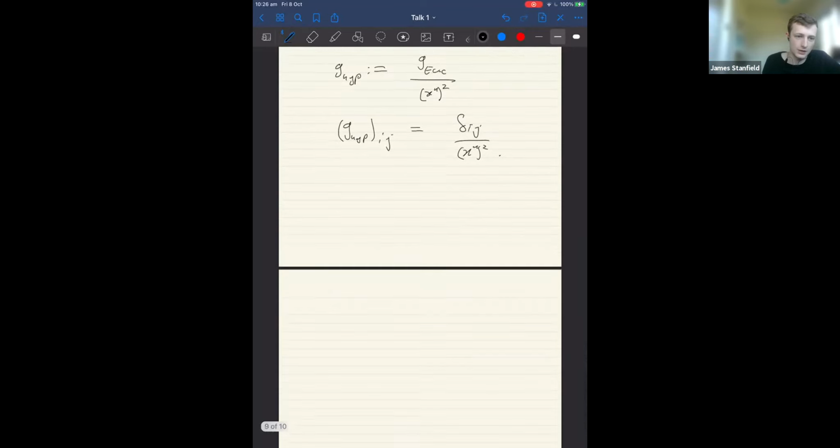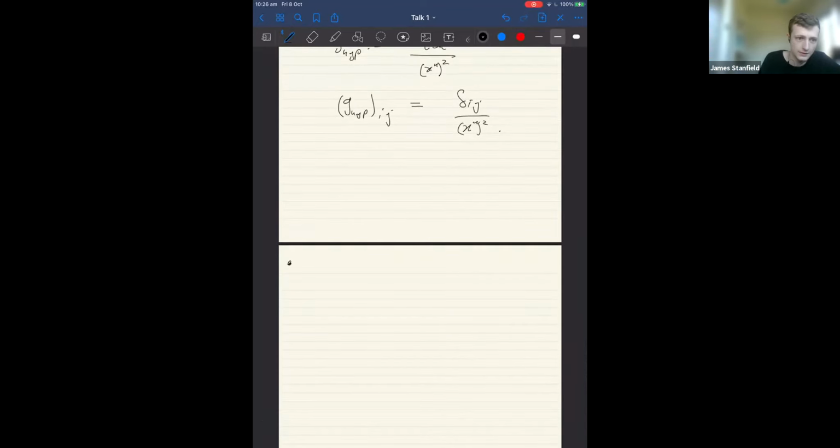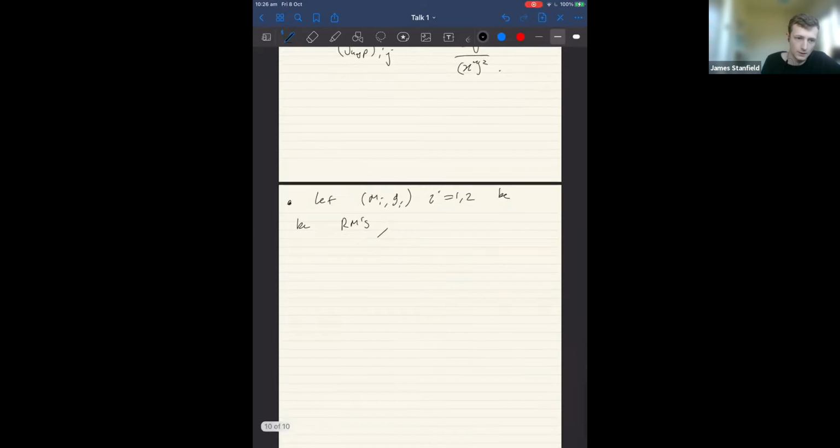We can also construct Riemannian manifolds out of other ones. So let's take two Riemannian manifolds, and then what is the tangent space? So I guess we want to consider the product M1 cross M2.